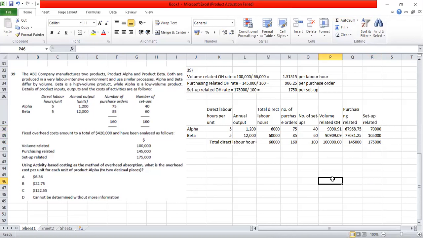Okay. So now we see that the costs are allocated for each of these activities for both the products alpha and beta. So let's add them up. How much is the overhead cost which is allocated? The cost which is allocated is given as the overhead costs allocated to the products.